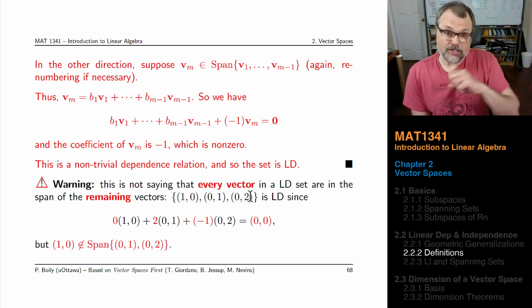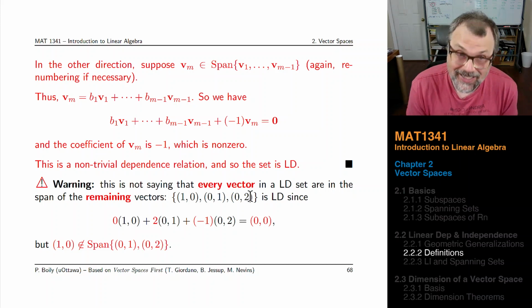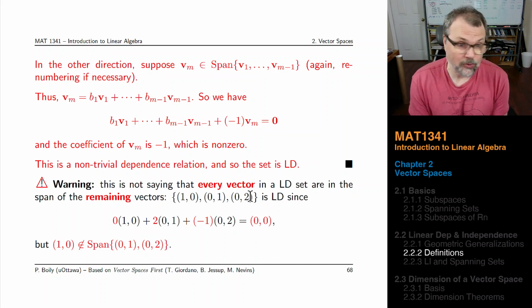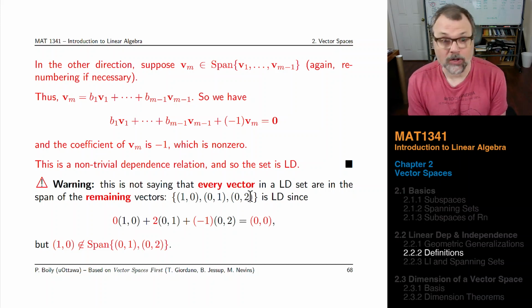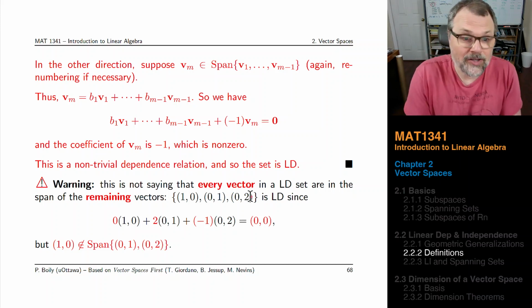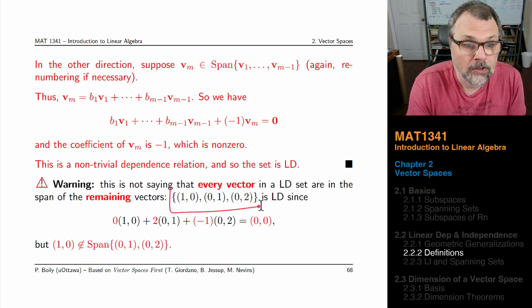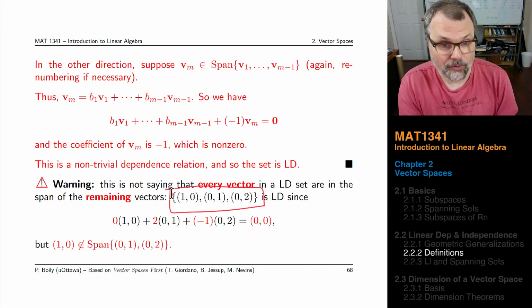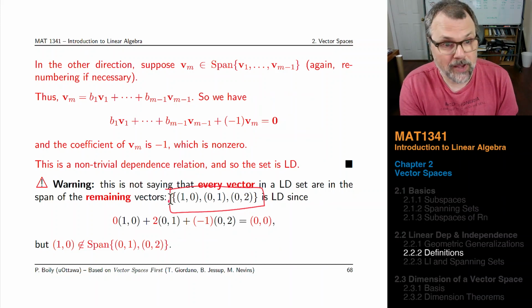So the set of these three vectors is linearly dependent, but the first vector (1, 0) is not in the span of the remaining ones. What the theorem tells us is that since this set is linearly dependent, there is at least one vector which is in the span of the other ones. For instance, the vector (0, 2) is in the span of (1, 0) and (0, 1).